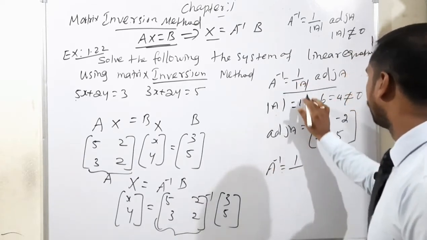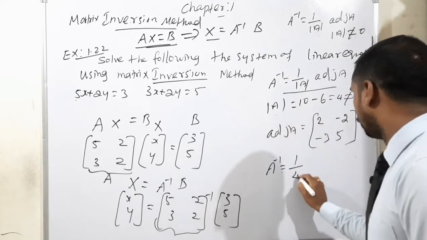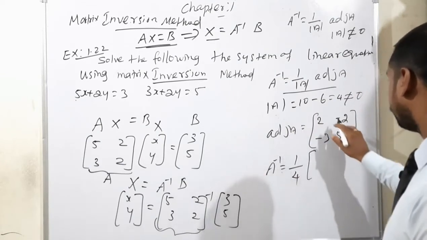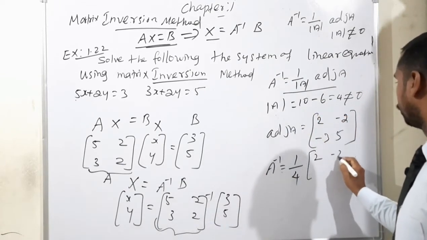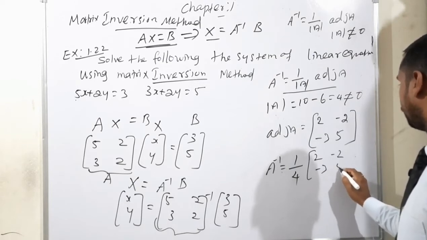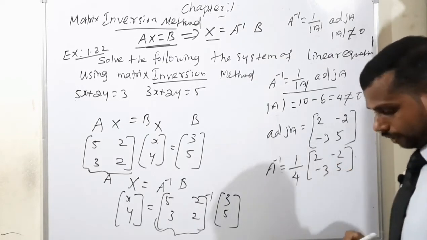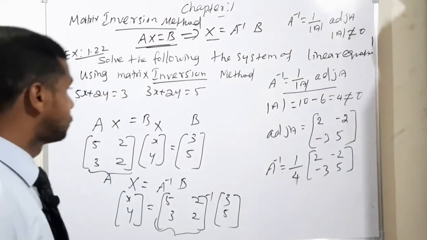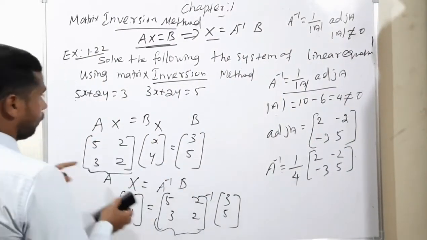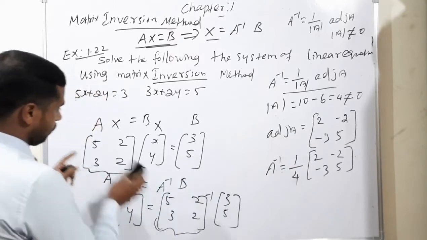A inverse is equal to 1 by determinant of A, which is 1 by 4, then adjoint of A: 2, minus 3 and positive 5, isn't it? Now how to apply this?